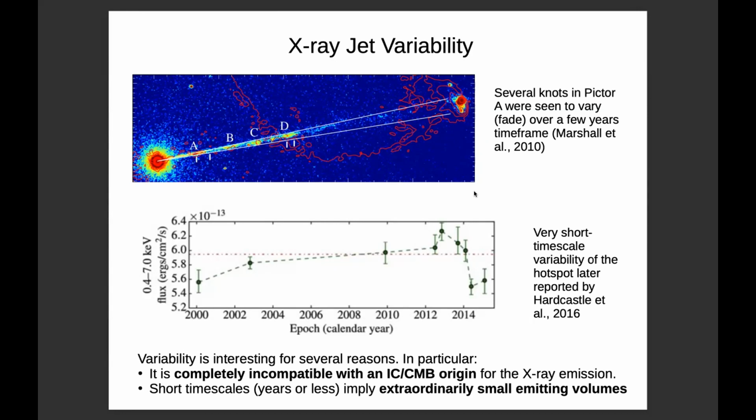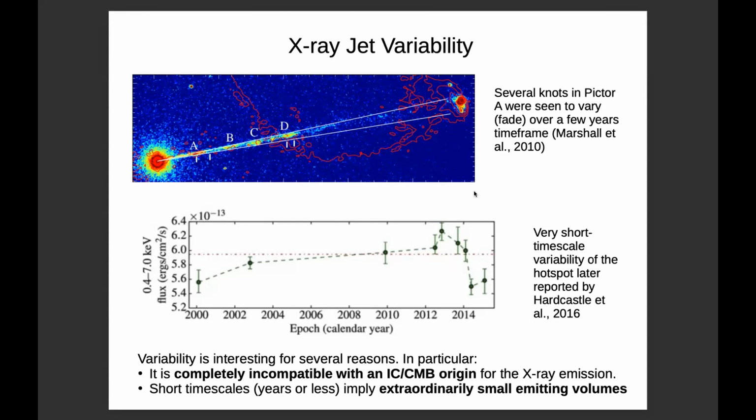People did not expect that for a couple of reasons. First, that model predicts X-ray emission which is completely steady. The cooling time for these low energy electrons is so long. It's ridiculously long compared to the year time frame that we're talking about. And of course, the CMB is steady.